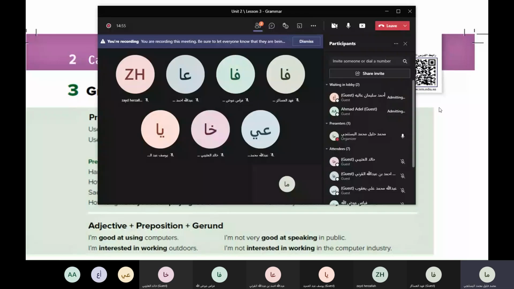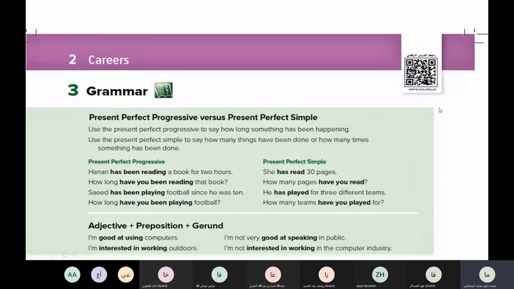Now let's read the examples together. Okay, I'll read the first example. The examples about the present perfect progressive. You realize here we focus on what? Time, good.